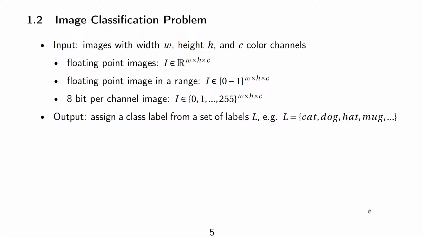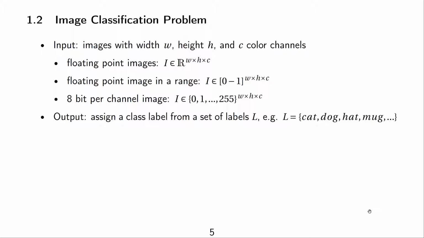So for the image classification problem, as input, you're given an image with a width W, height H, and C color channels, where C is typically 3 for red, green, and blue.